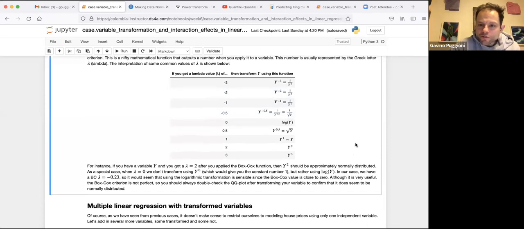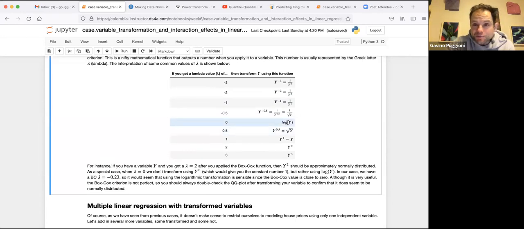In this case, for our prices, we found a Box-Cox lambda equal to -0.23. Could we take 1 divided by y to the power of 0.25? Yes. What would be the problem with that? Well, the problem would be that it would be extremely hard to interpret in terms of scale. However, with the log, this is a value that is reasonably close to 0, which gives you the log.